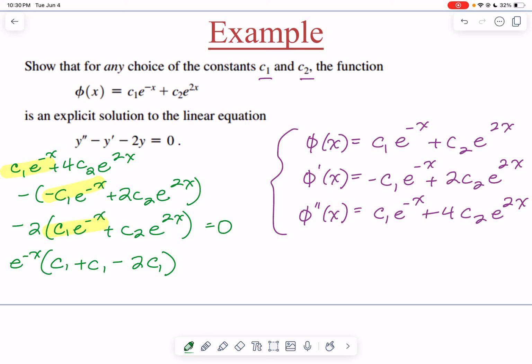Now let's go ahead and factor out an e to the 2x. And where you're going to find those is here. Don't forget about your negative in there. So let's go ahead and do that. We have 4c2, and then here we have a minus 2c2, and then minus, again here, this 2c2.